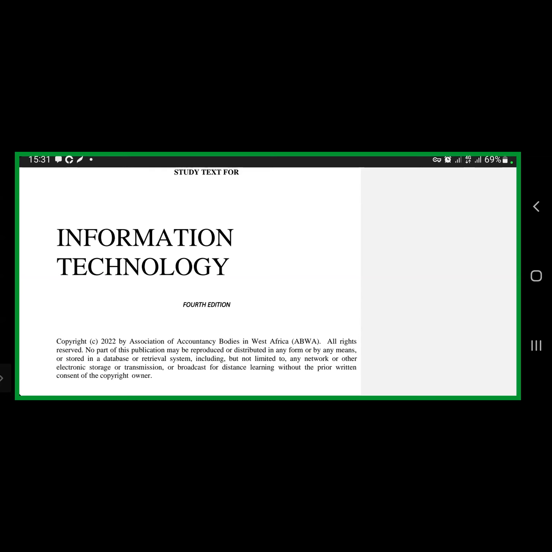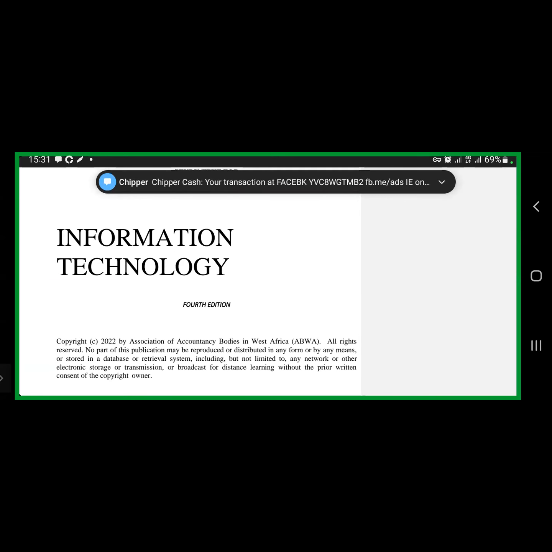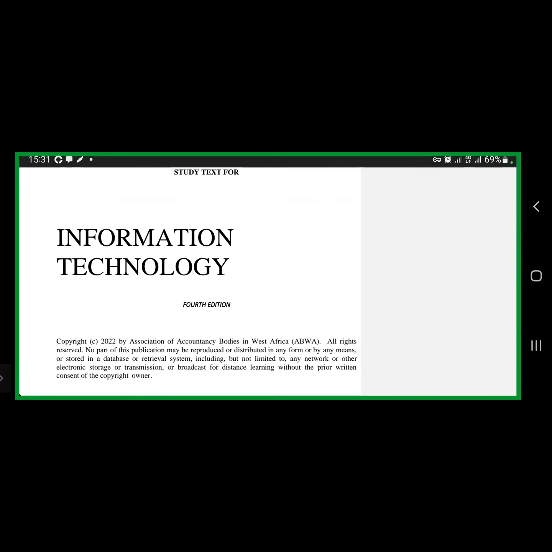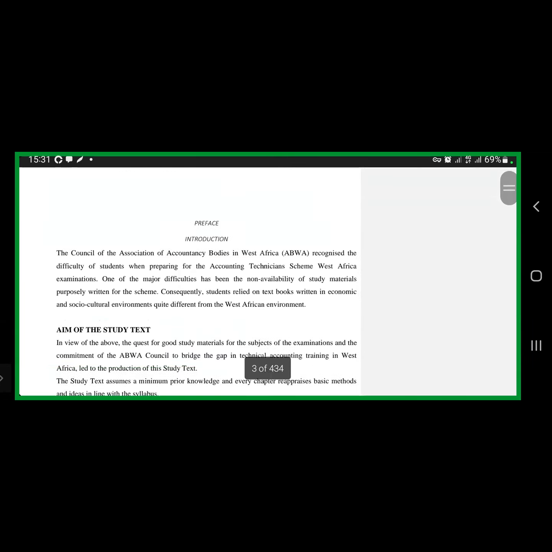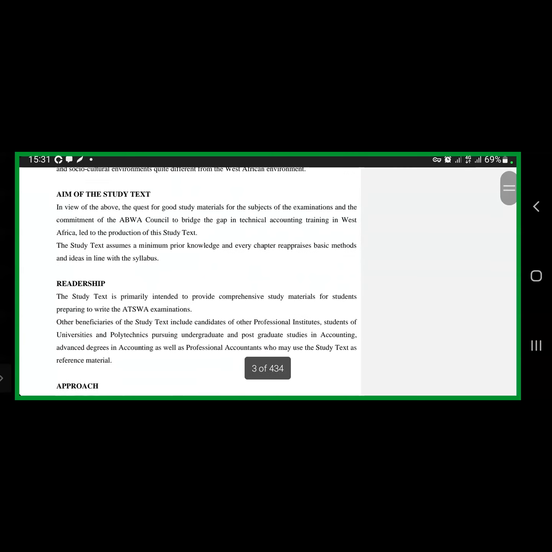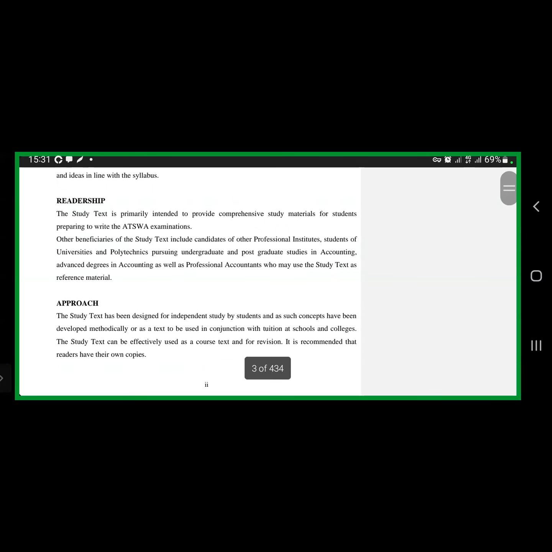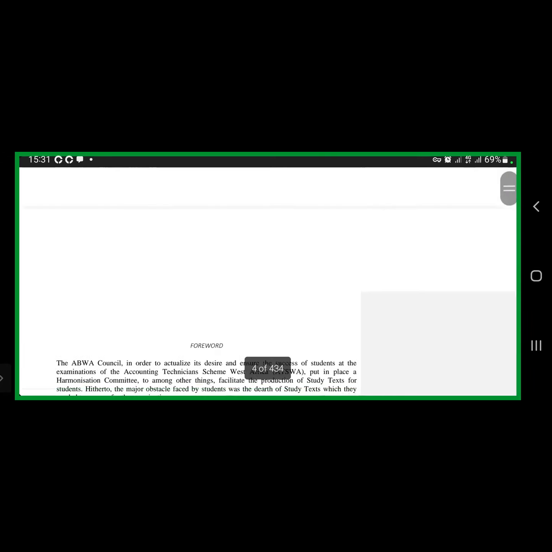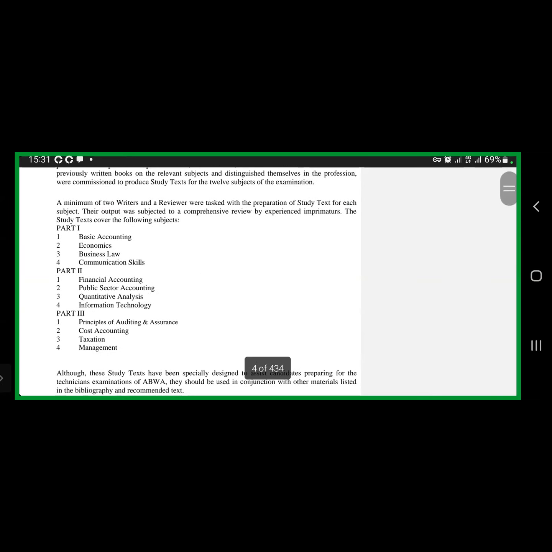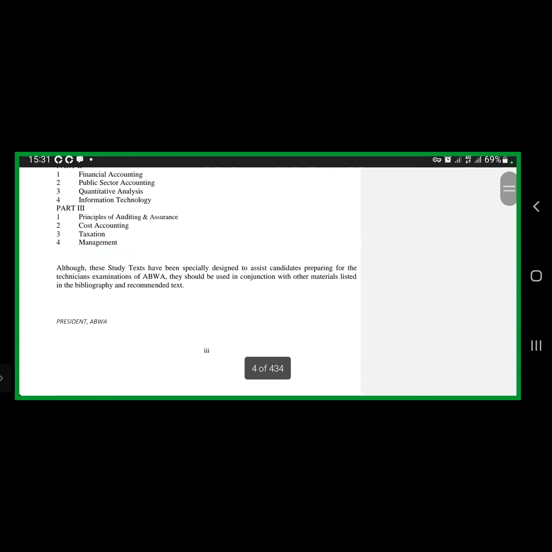The world has become a global village, such that it is relatively easy for you to do so many things with the help of technology. Everybody in today's world is expected to be tech savvy, and this includes accountants and accounting technicians. That means you are not going to be left behind.